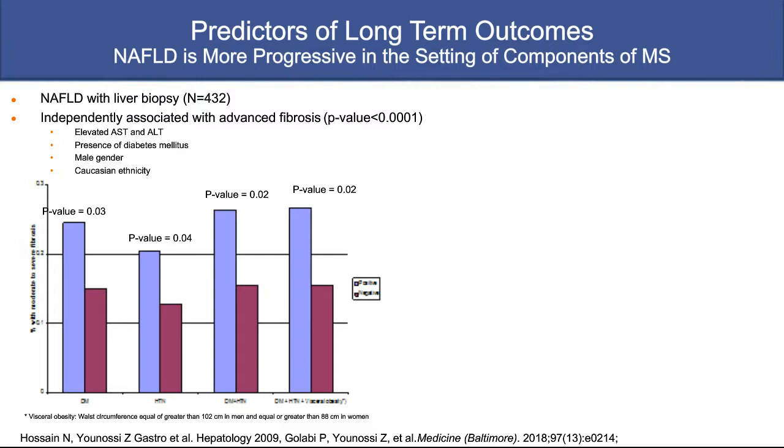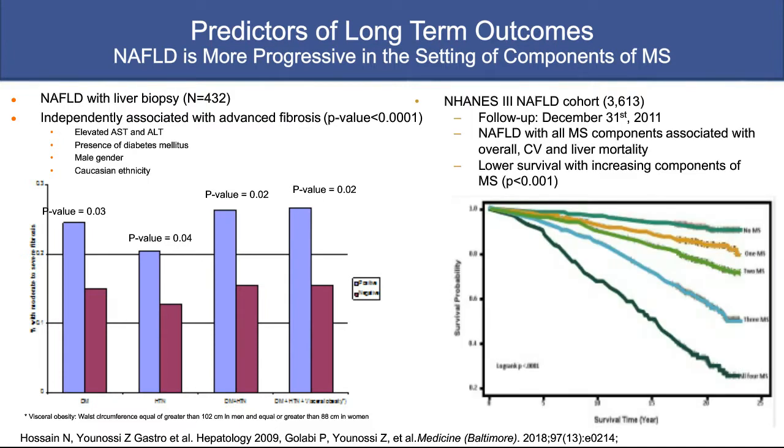In fact, the more components of metabolic syndrome, diabetes, hypertension, visceral obesity you have, the higher the risk of advanced fibrosis. Another study that confirmed this is from NHANES, looking at mortality. So this is the NHANES 3 NAFLD cohort of about 3,600 patients with follow-up. And as you can see, the more components of metabolic syndrome you have, the lower the survival.